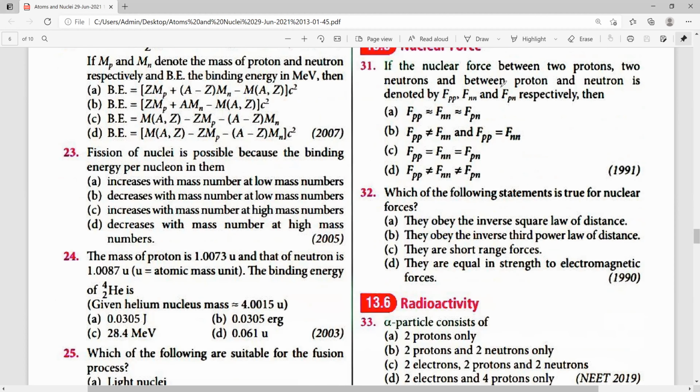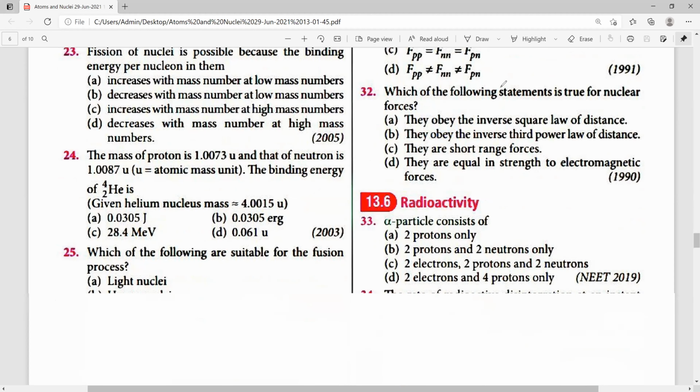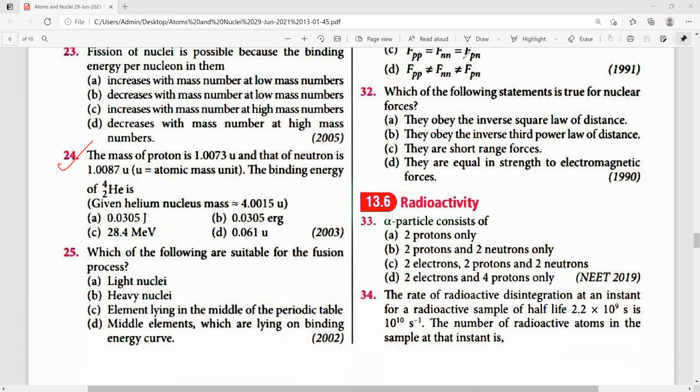So 24th one, the mass of proton is 1.0073 unit and that of neutron is 1.0087. The binding energy of helium is: 0.0305 joule, 0.0305 or 28.4 mega electron volt, 0.061 unit, they have given.